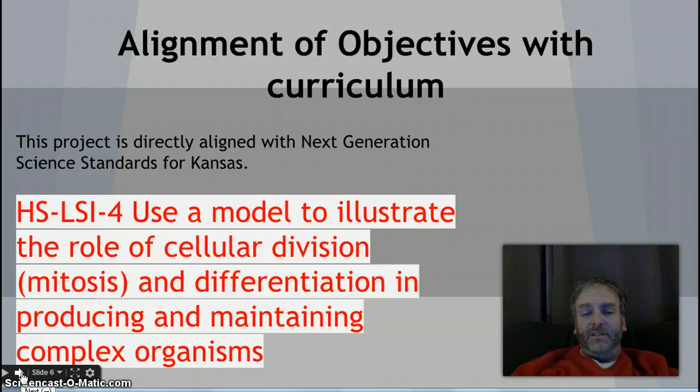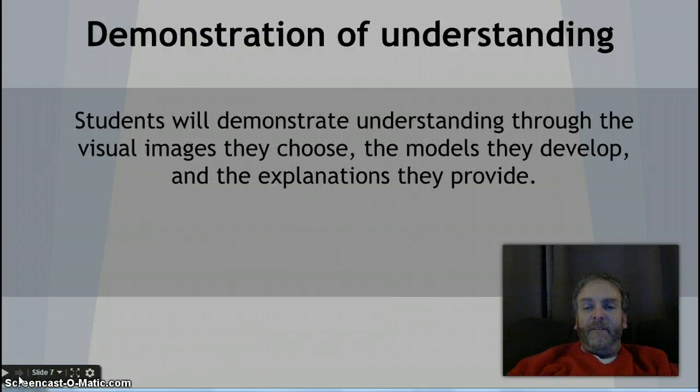That is the standard, how it is written. And so you can see that's pretty vague. And for better or for worse, my objective is very similar to that as well. So I'm still struggling with that a little bit. When it comes to how the students will demonstrate understanding, well, I'm going to have a rubric for how I'll grade it.